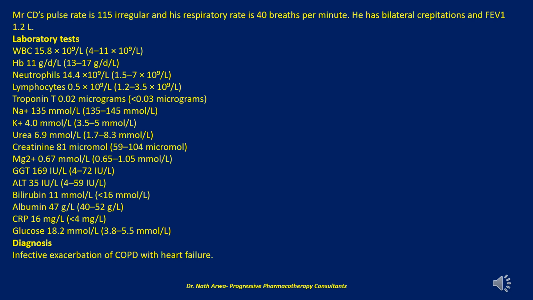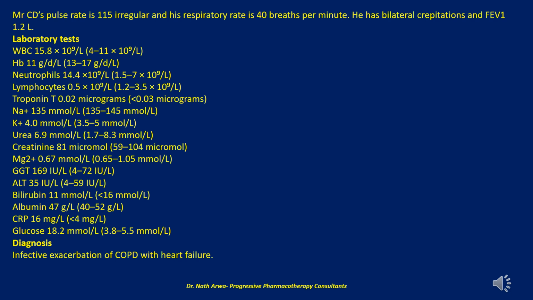Troponin T of 0.02 micrograms, the normal range is less than 0.03 micrograms. Sodium levels of 135 millimoles per liter. The normal range is 135 to 145 millimoles per liter. Potassium levels of 4.0 millimoles per liter. The normal range is 3.5 to 5 millimoles per liter.